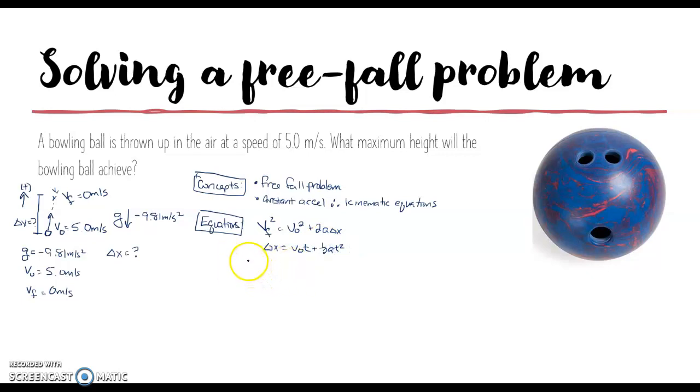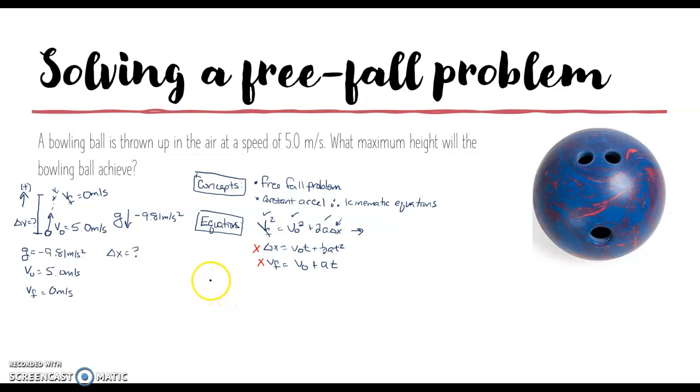Or the final velocity is equal to my initial velocity plus the acceleration times time. Now notice that time is not given to me in this problem, so I'm not going to use these last two. Unless I find a way to use time, I can't use those. So I'm going to use this first equation. I know my final velocity, my initial velocity, and my acceleration, and it has what I want to solve for. So that's perfect.